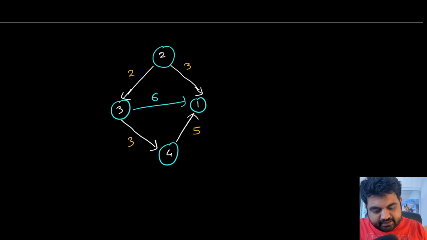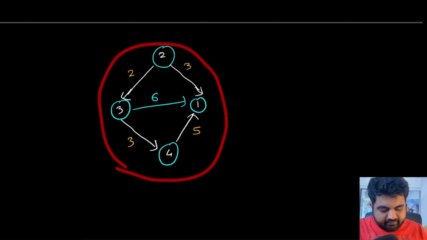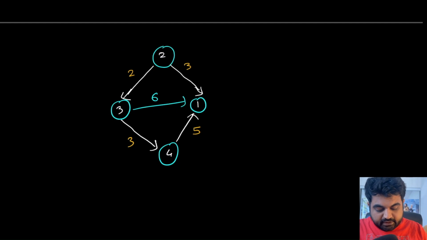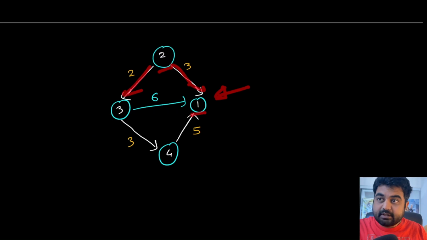Now let's say that this is the input we are currently given, and we are trying to figure out how we can actually find the network delay time starting from any particular node. The thing is, we don't know what node we are going to be starting our code with, but all we have is the information about the total number of nodes that are currently present and the time it takes to reach from one particular node to another particular node.